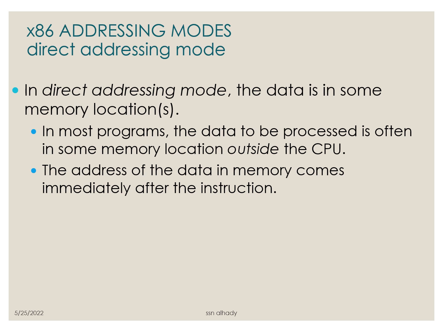Okay, in the direct addressing mode, the data is in some memory location. In most programs, the data to be processed is often in some memory location outside the CPU. The address of the data in memory comes immediately after the instruction. It is what we mean by direct.